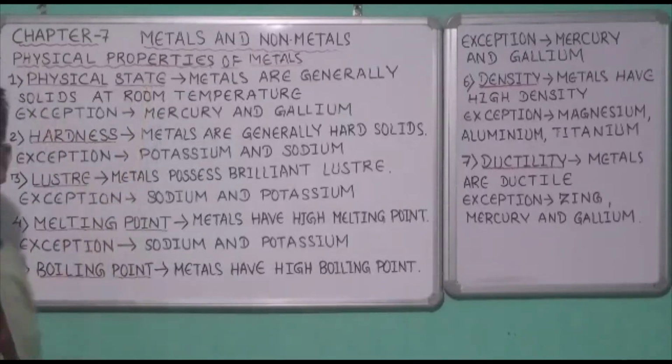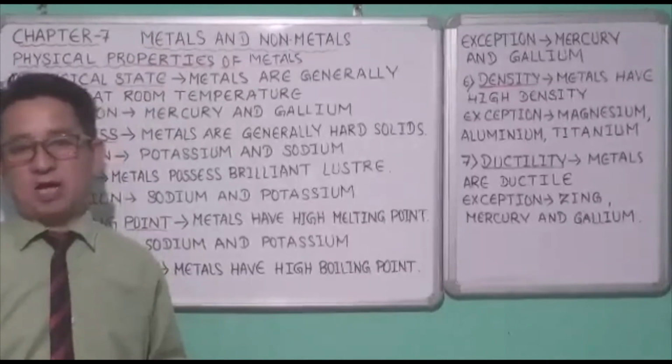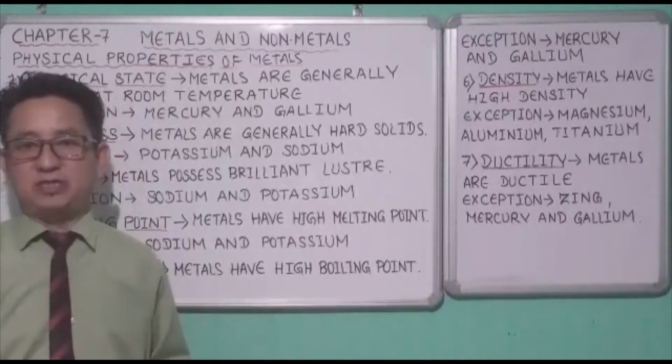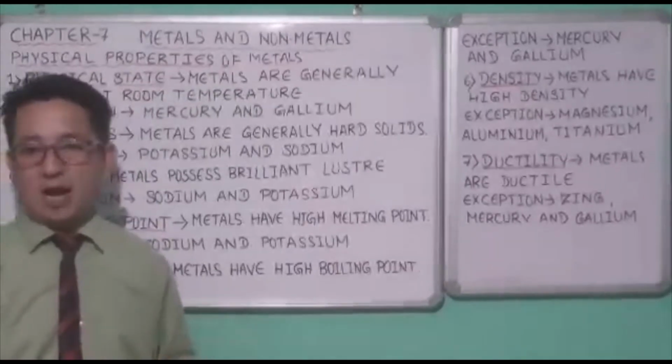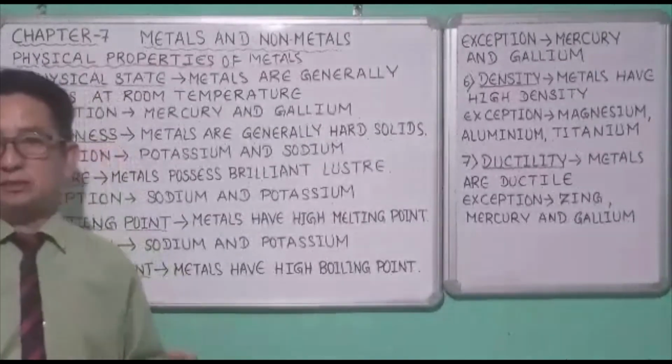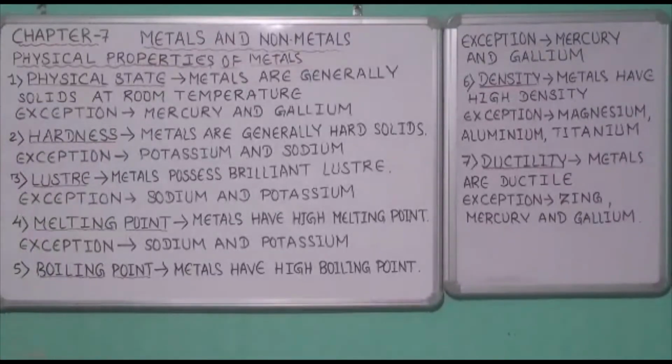Elements which have dull surfaces, are non-malleable, non-ductile, bad conductors of heat and electricity, but are good insulators and have 4, 5, 6 or 7 valence electrons are called non-metals.